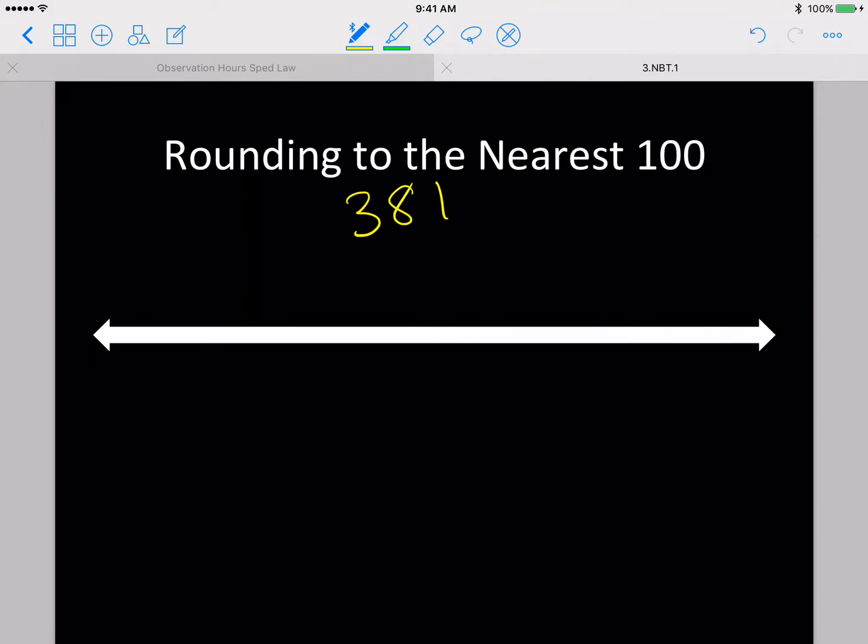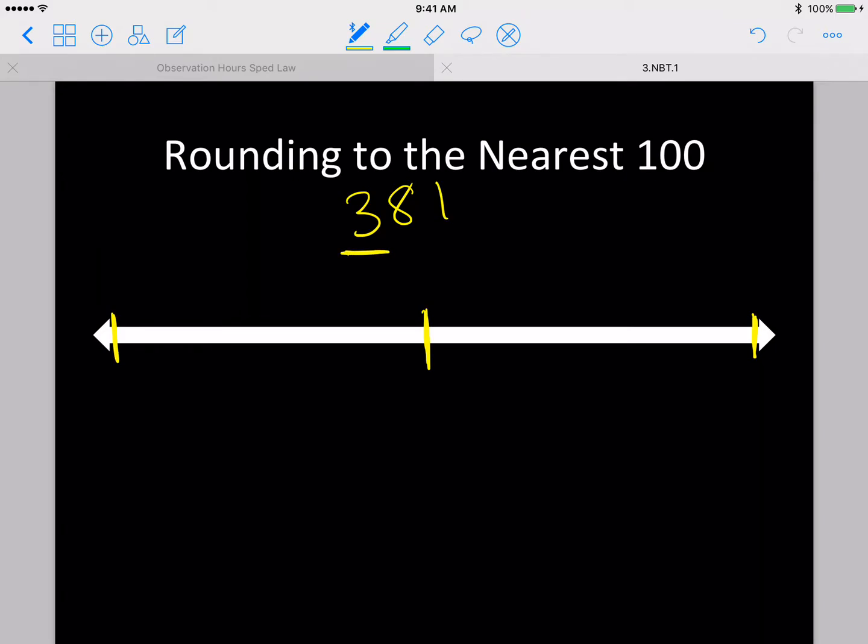So let's round 381 to the nearest 100. Same thing as when we're rounding to tens. We're going to make our benchmarks, our endpoints and our midpoint. So now I need to figure out the 100 that comes before 381. What I like to do for this one is just look at the hundreds place.